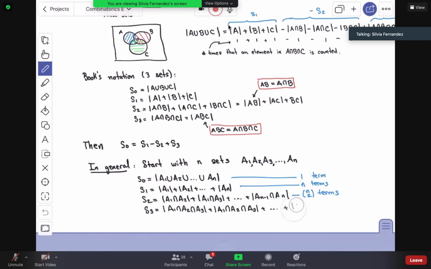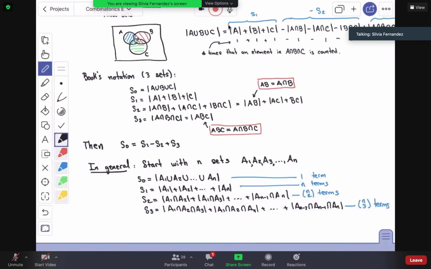And maybe the last one I'll just list as A(n-2) intersection A(n-1) intersection An. So all the triples, and so here I have n choose 3 terms. And you just keep going like that.